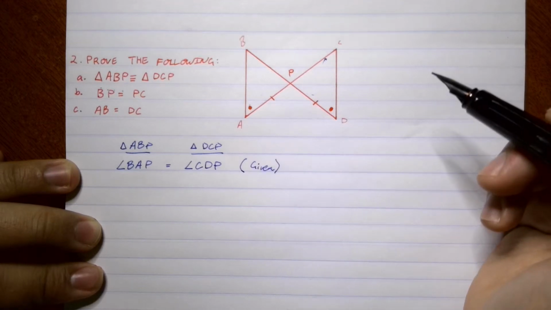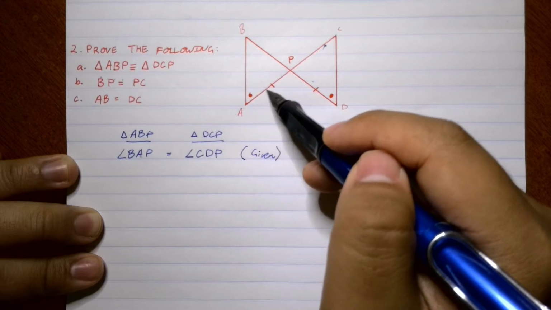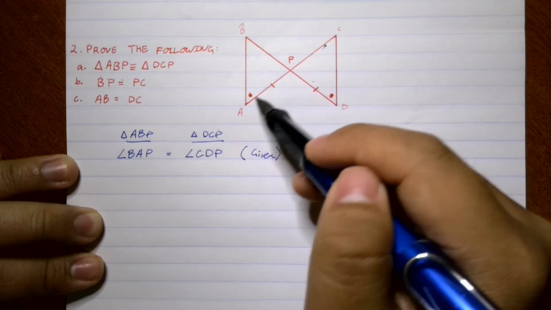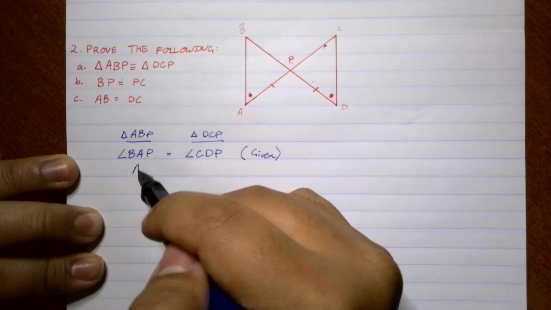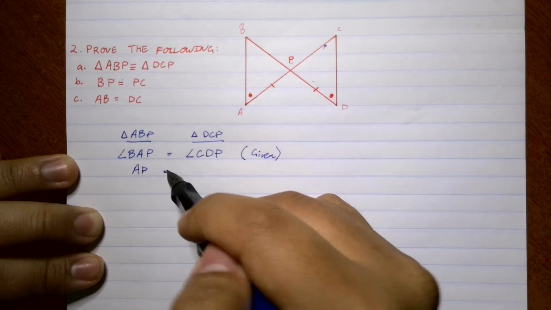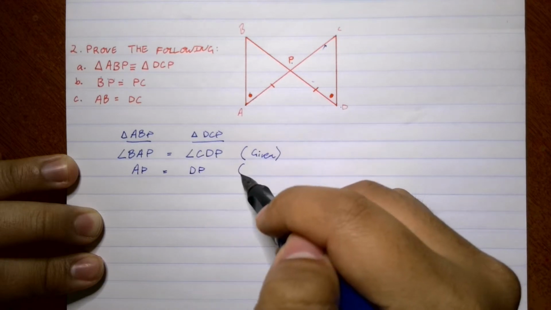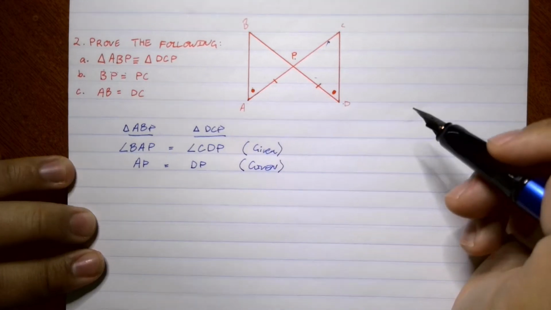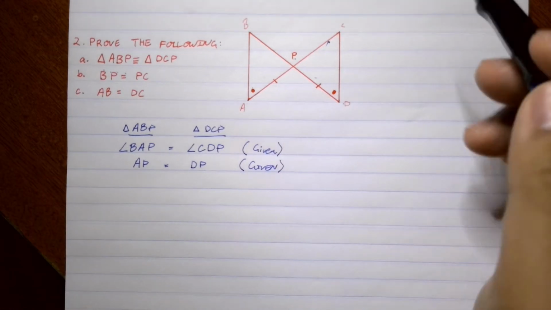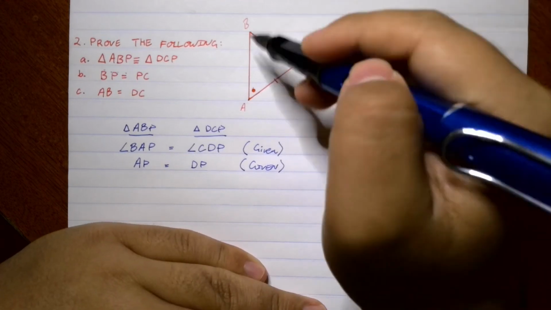We have also this side here. That side is also given information. That is AP is equal to DP. That is also given information.